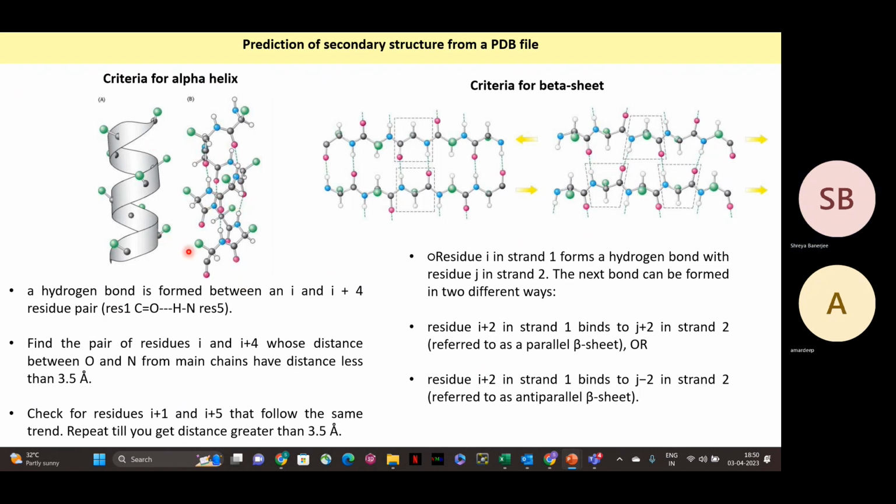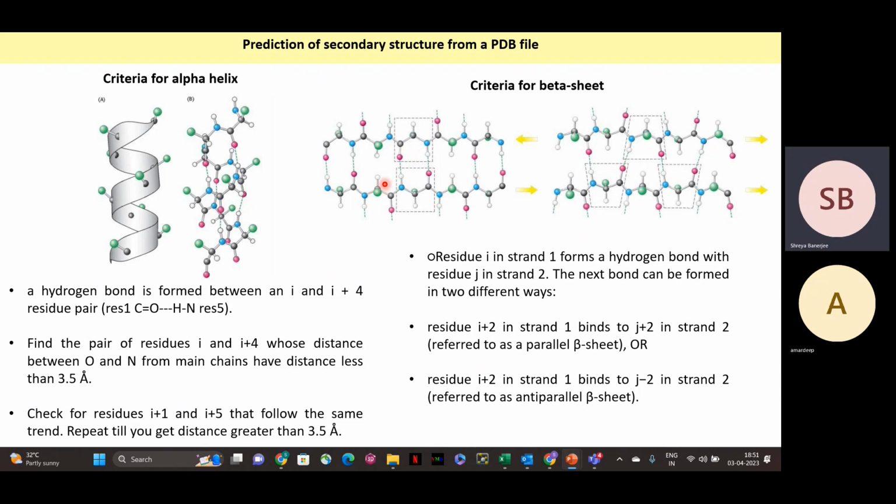Similarly, you can find out whether the secondary structure is a beta sheet. In the beta sheet, residue i in strand 1 forms a hydrogen bond with residue j in strand 2. The next bond can be formed in two ways. The residue i+2 can bind to j+2, which will form a parallel beta sheet. Or the residue i+2 will bind to j-2, which will form an anti-parallel beta sheet.